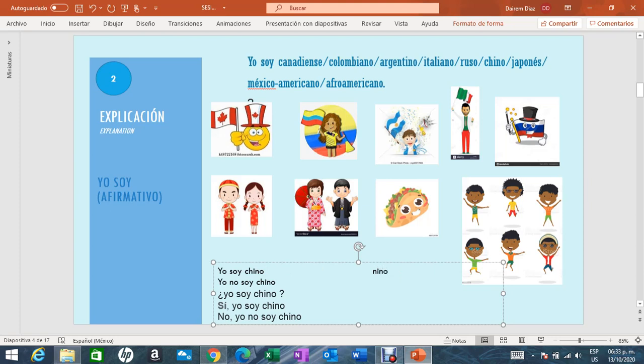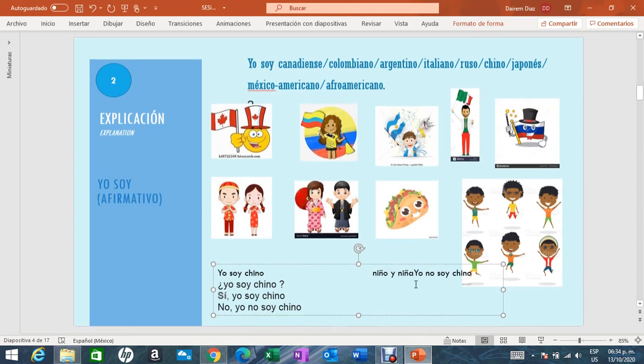Niño. In Spanish, we use the ñ a lot. That I don't have in this keyboard, but it would be like this. Niño y niña.